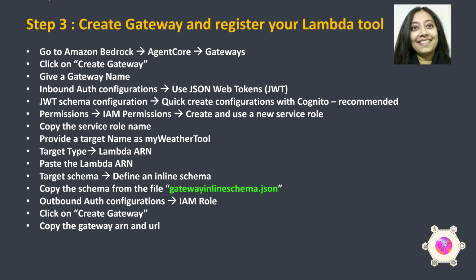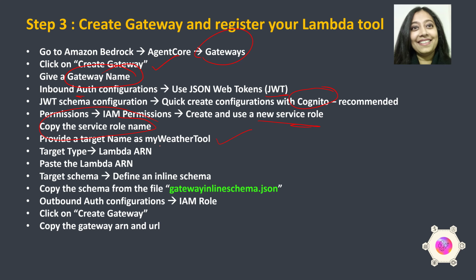Now it's time to create our gateway. So we will go to Bedrock AgentCore Gateways, create gateway, give our gateway a name. We are going to use OAuth, so we are going to use JWT, and we will use Cognito. Then we will provision a new service role, copy the name of the service role, and then provide a target name for our tool.